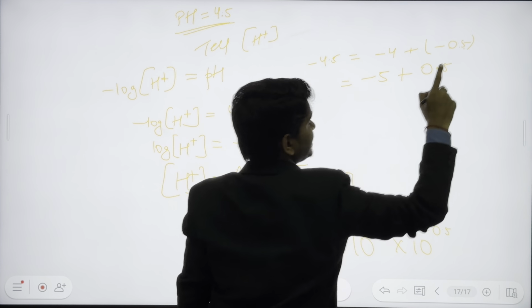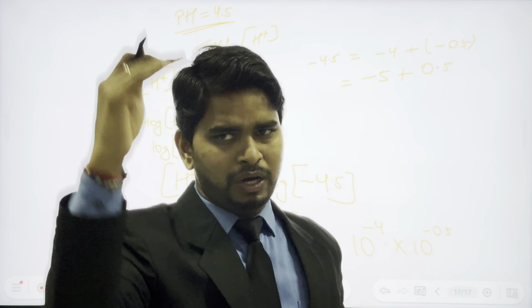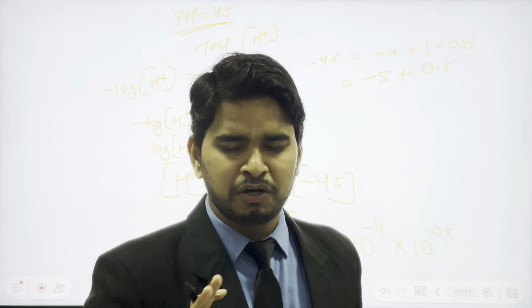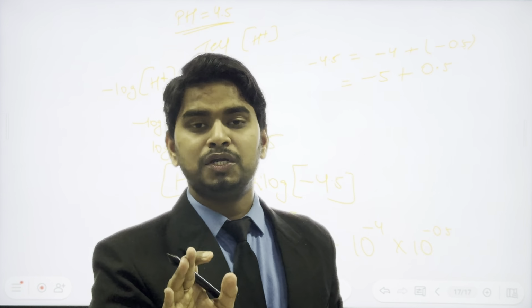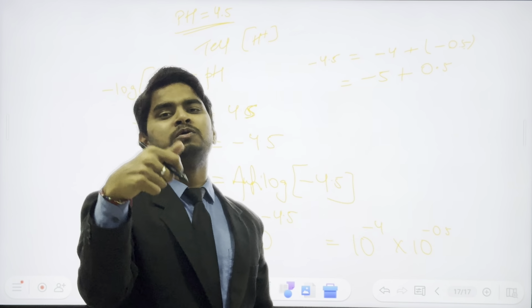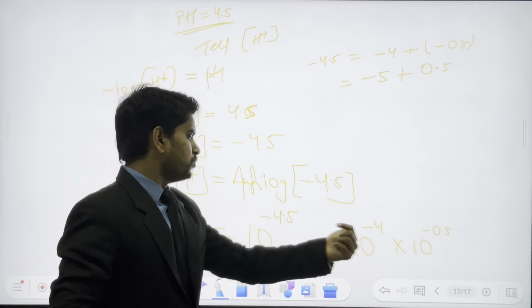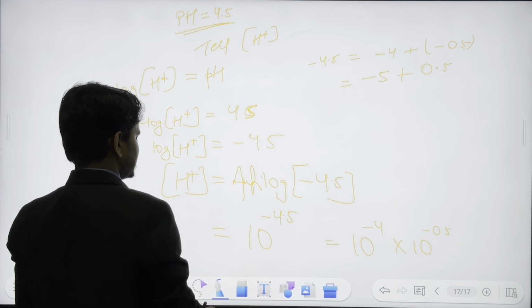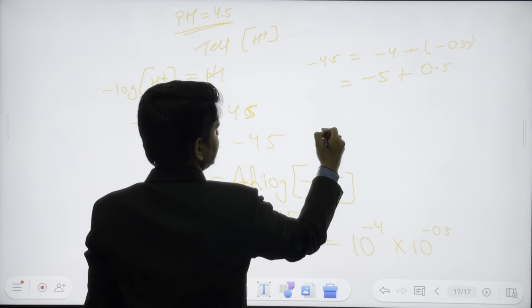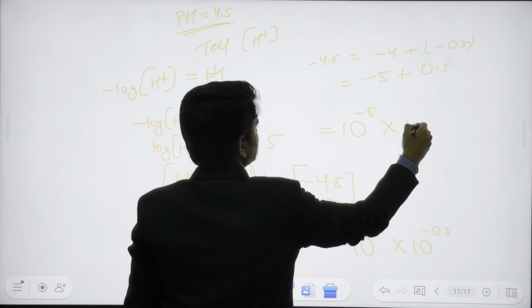We don't want a negative decimal exponent. Although we can do 1 by 10 and then find out, there is no meaning in doing that. Rather, convert that 10 to the power minus decimal into a positive one by taking a bigger number over here. So we will write it as 10 to the power minus 5 into 10 to the power 0.5.